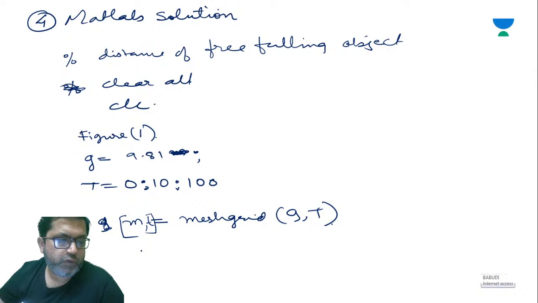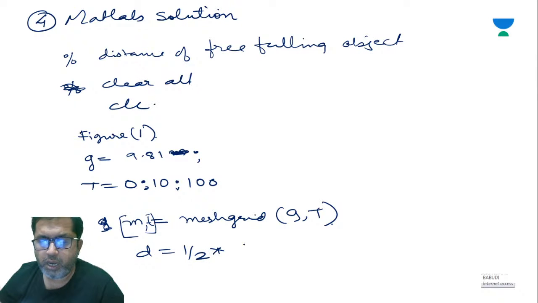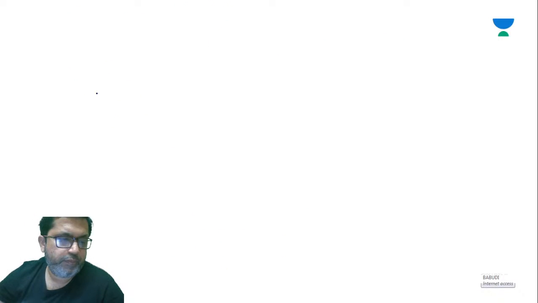Okay. So if I do this, I will say d is equal to half star g star t dot cap 2, gt square. Okay, so this will be my program.